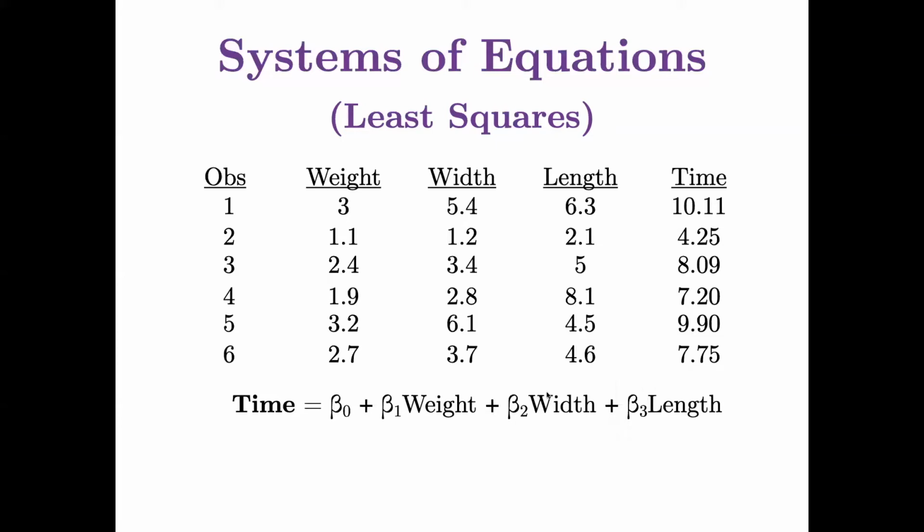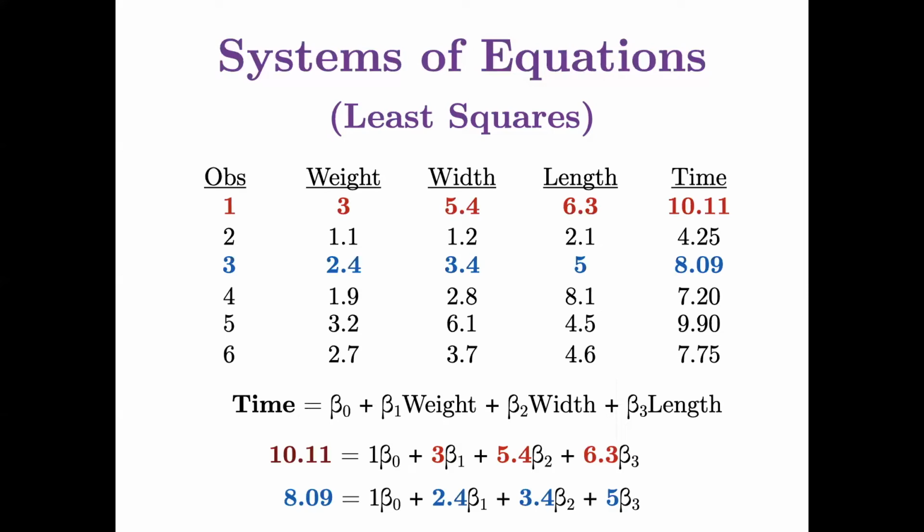And my hypothesis is that the time it takes to review is some function of the weight, width, and length. Now, when I write this equation, I'm calling it a hypothesis because I haven't proven that these things are related in any way. But when I write this equation, what I'm really saying is that I want this equation to be true for each observation in my data.